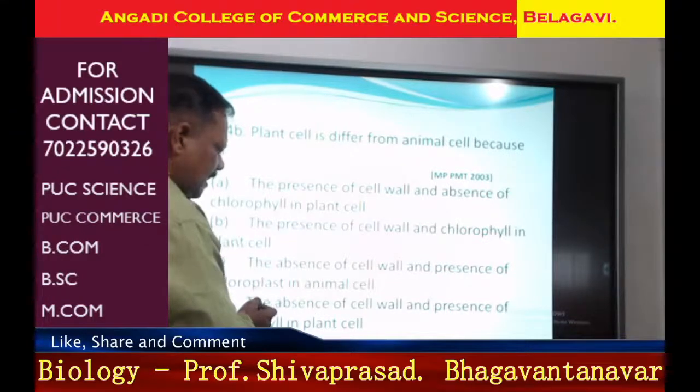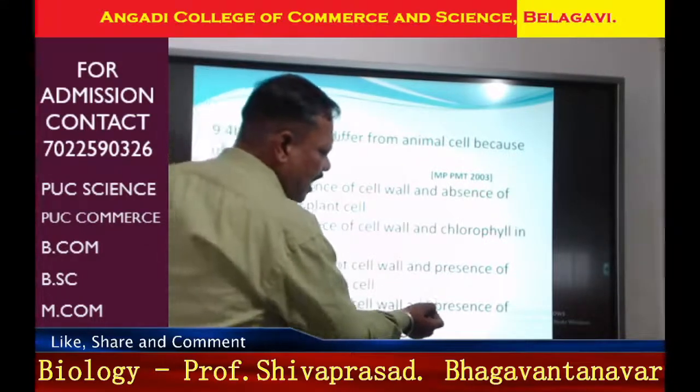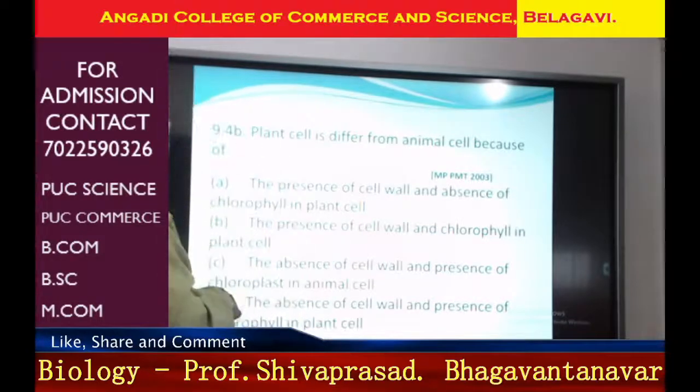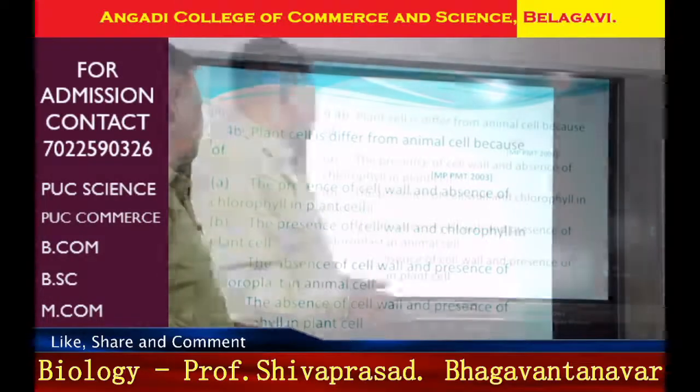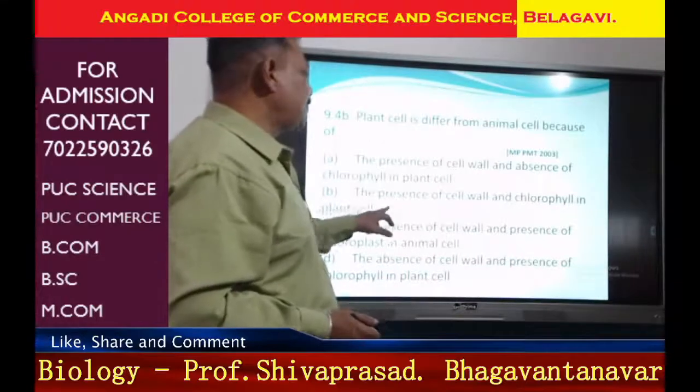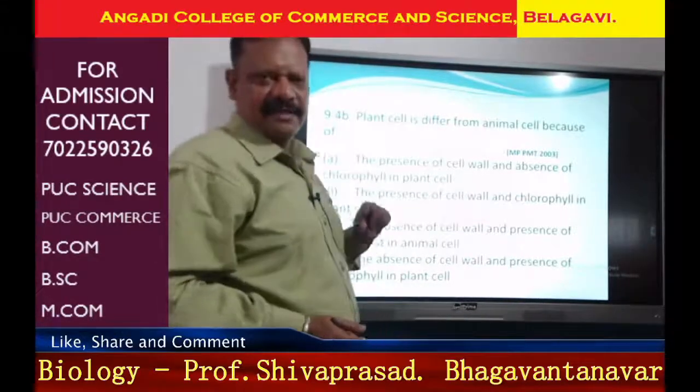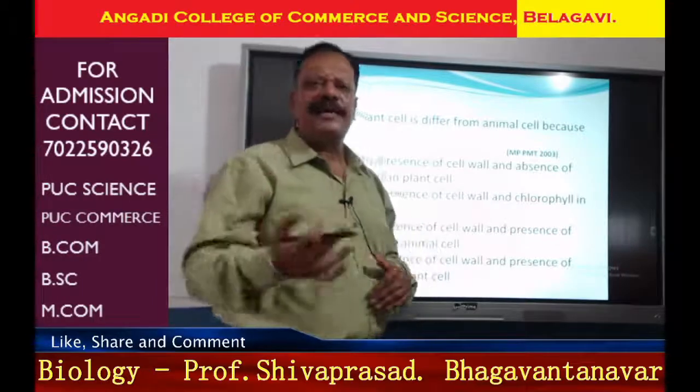So the correct option is option B, the presence of cell wall and chlorophyll in plant cell. We'll move to the next.